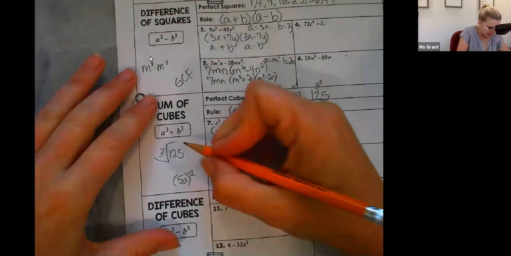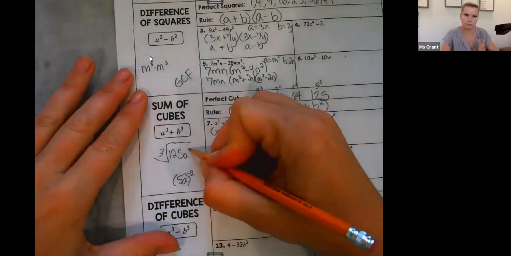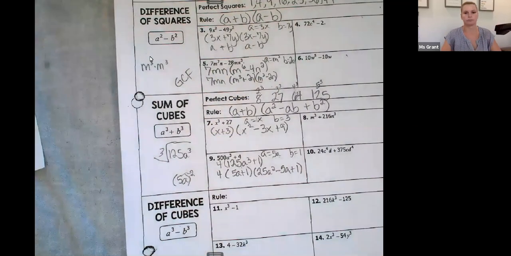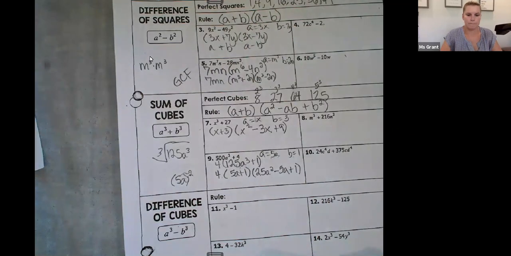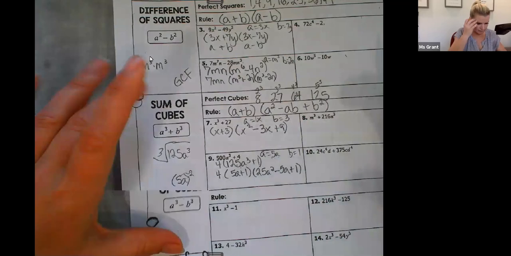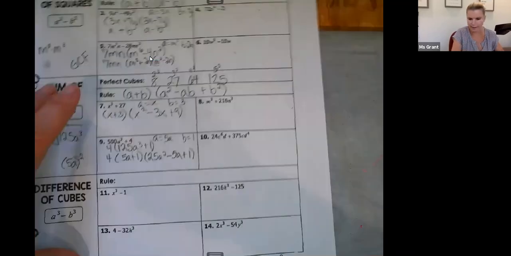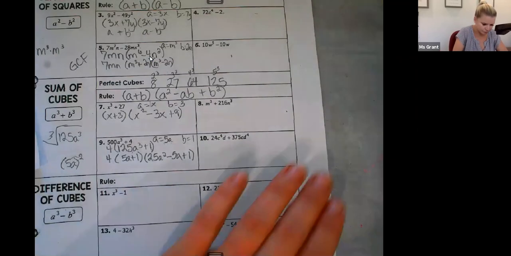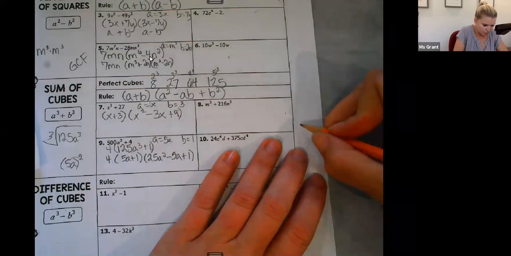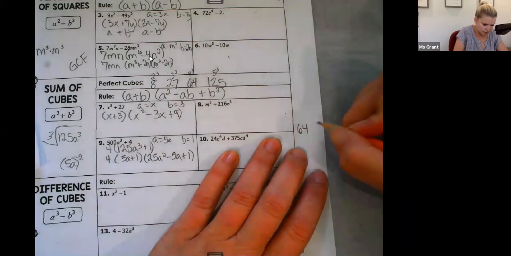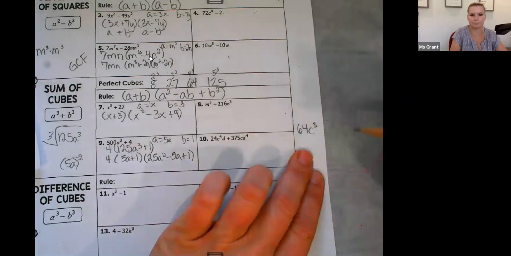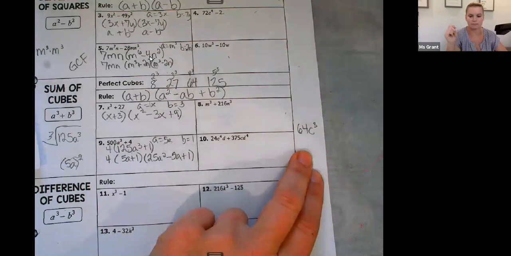But then, of course, it also had the a to the third in it. So you have to, you know. It's like, what if I had 64c to the third? What would be my a?